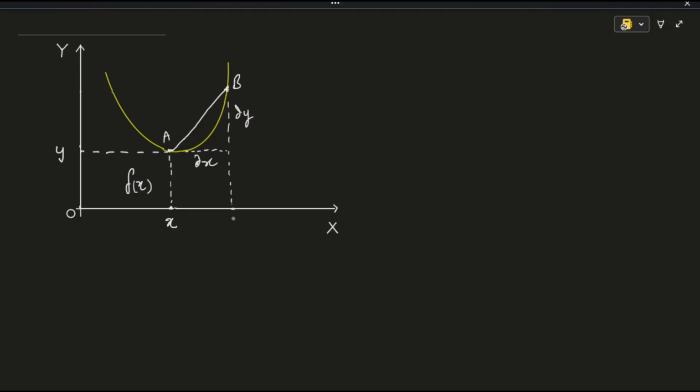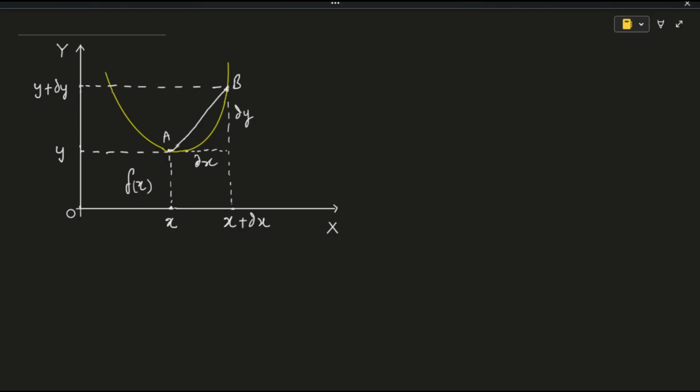And if the position on the x-axis at this point is given by x plus dx, then the outcome of the function at the point B would be given by y plus dy. So at this point on the y-axis, the outcome of the function will be y plus dy.